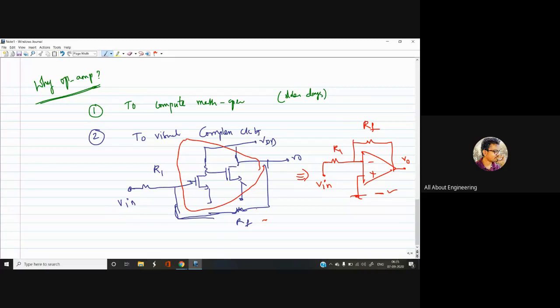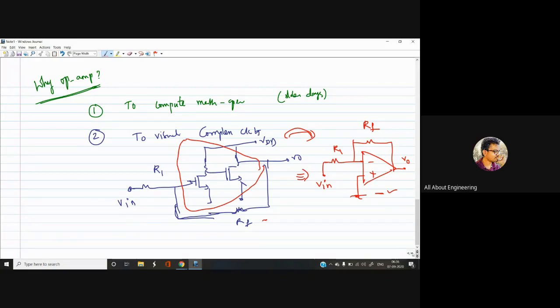If you know thoroughly about op amps, then you can model such a circuit simply using an op amp, and you can interpret the results, or get to the final results which you require. So that is one more important point that you can add if anyone asks you why op amp.